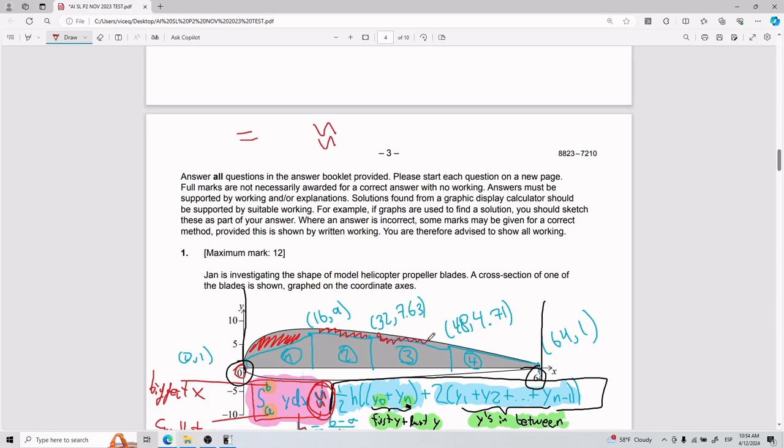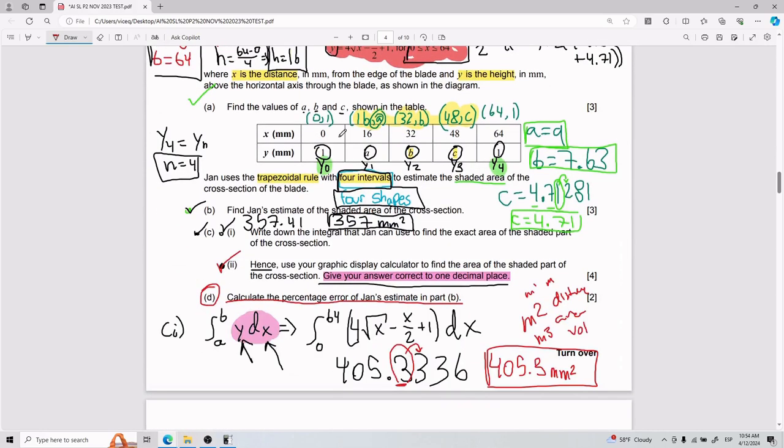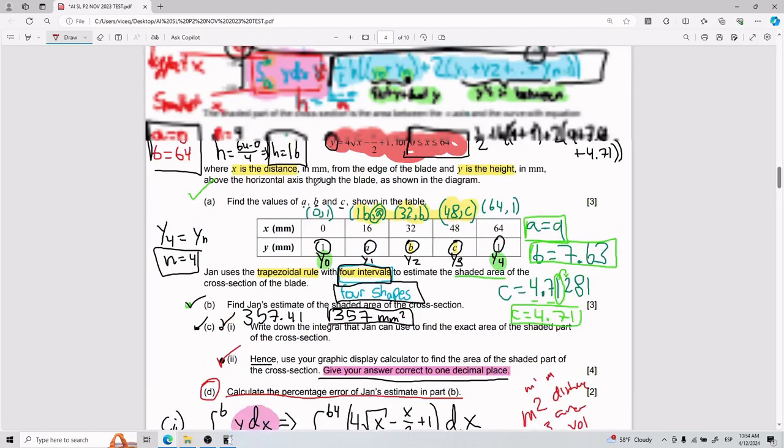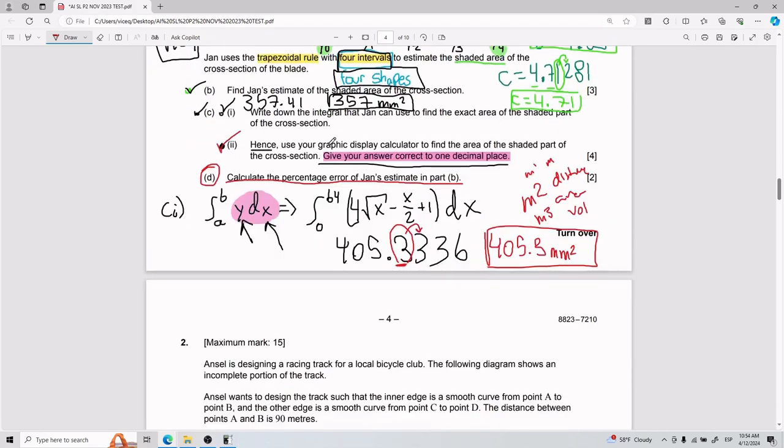Is that a good approximation? Yes. Is it perfect? No. The integral is perfect. The trapezoidal rule is not. And so we need to see by how much it's off, by how much it's missing. And that is why it's asking for the percentage error. How much is it missing, etc.